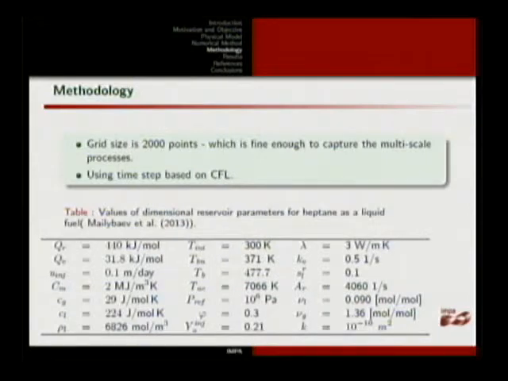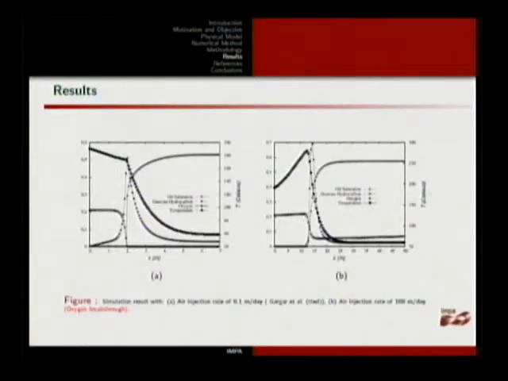So this is our base test case, and we changed the injection velocity, reference pressure, and permeability. Well, here are the results. In this first case, we have an air injection rate of 0.1 meters per day, taken from Neger.